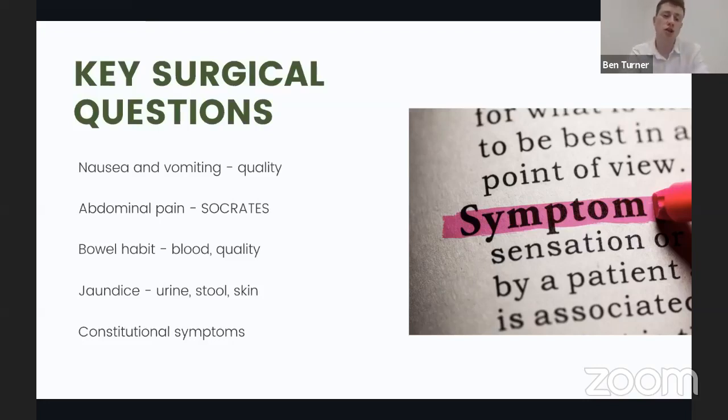And then your constitutional symptoms like fever, weight loss, night sweats, rigors can come in under that. And that's important because a lot of surgical presentations are actually balancing sepsis, and so clearly those are symptoms that could be present quite often.